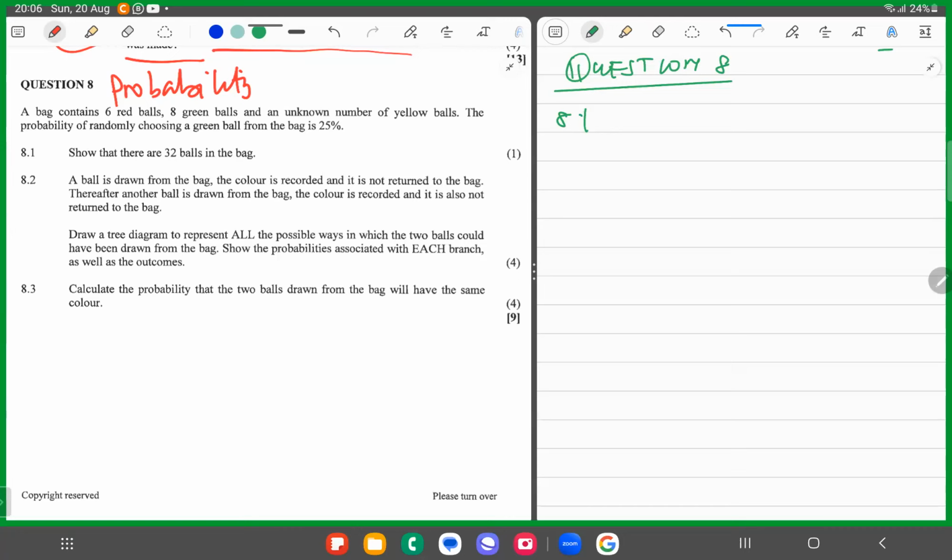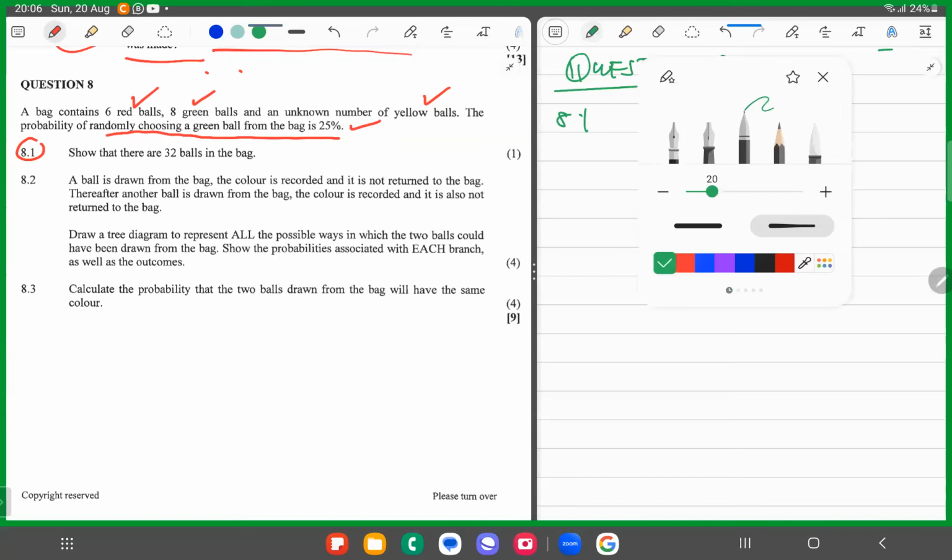A bag contains red balls, green balls, and an unknown number of yellow balls. The probability of randomly choosing a green ball from the bag is 25%. So in 8.1, show that there are 32 balls in the bag, just for 1 mark.